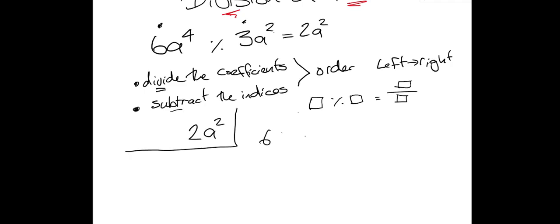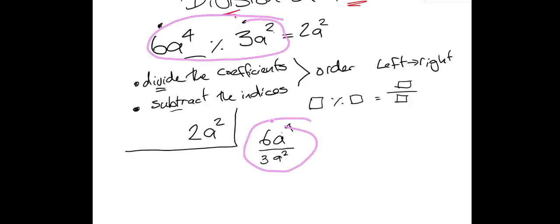If I say we have 6a to the power of 4 over 3a squared, these are equivalent. That is exactly the same as that, rewritten. Same procedure. But let's expand it out so we can have a look at how cancelling works.